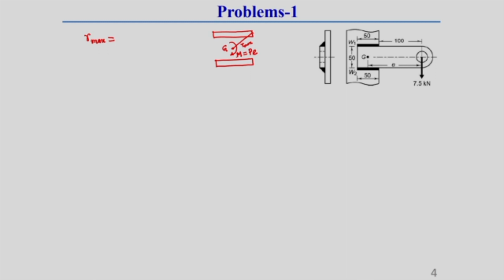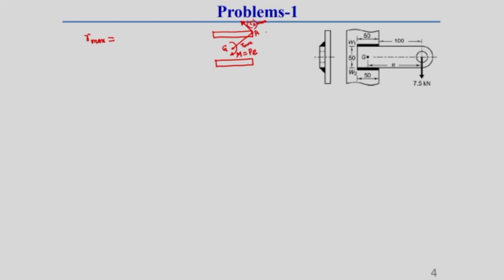Here you see, and the direction should always be perpendicular to the radial distance from G to that point, that means the farthest point. Let this farthest point be A, I am considering. Okay. So, this is your tau 2 max.